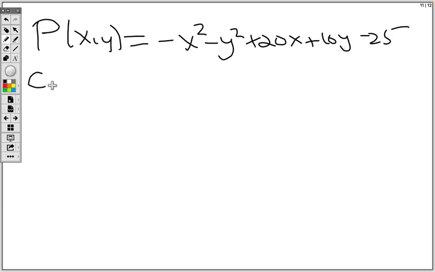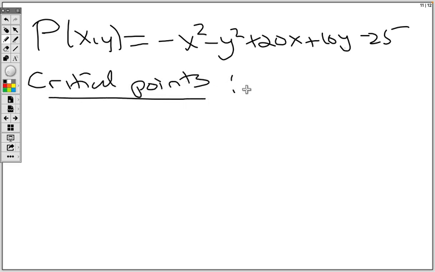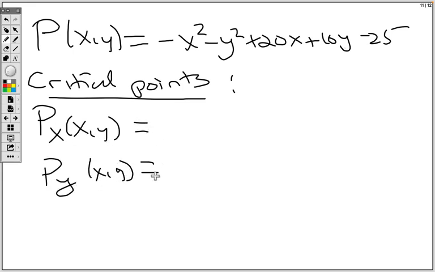Okay, so we're looking for critical points. Critical points are where the gradient is 0 or where the gradient doesn't exist. So once again, we look at this in terms of the partials. We're looking where the partials are either both simultaneously 0 or where the partials do not exist. So let's take the partial derivative here with respect to x. What do we get?